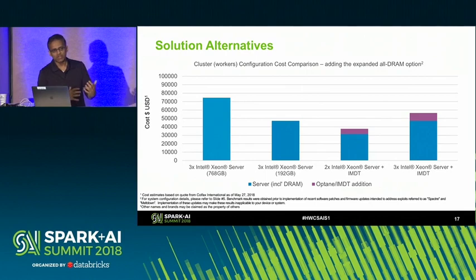So this chart is just an alternative to show you how much it would actually cost you. It's just an informative slide to show you how much it would cost if you were to have the same amount of memory I got from IMDT, but using all DRAM. The cost difference is about 36% when compared to the baseline configuration.